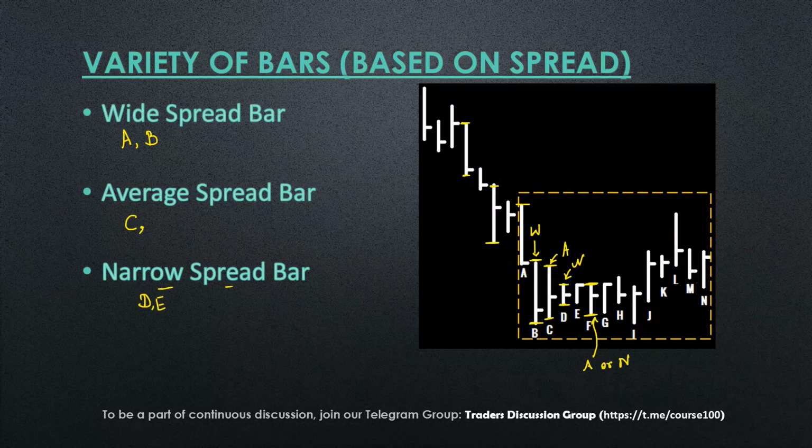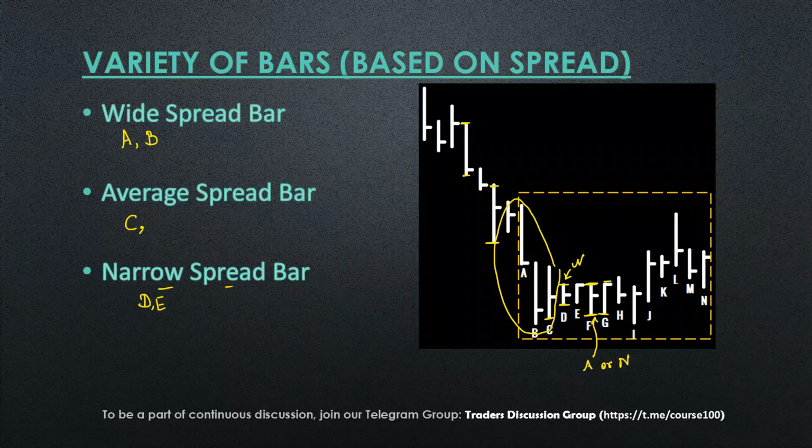But if you see the context few bars before that, I can identify these first three bars, ABC bars. These first three bars are the widest range and that's the smallest range, and F and G bar comes somewhere in between.